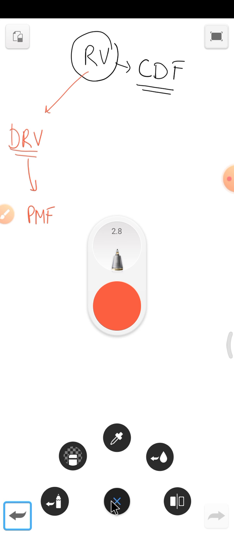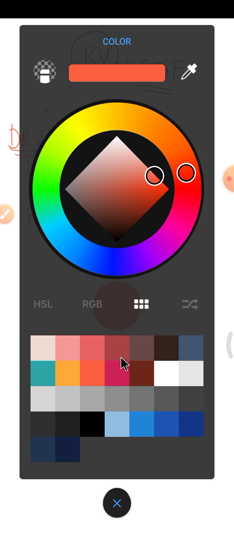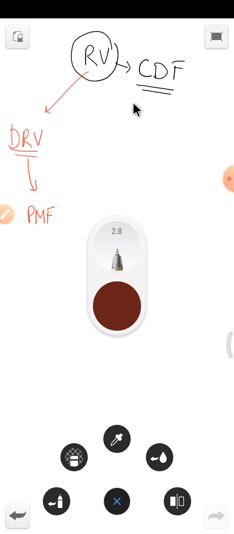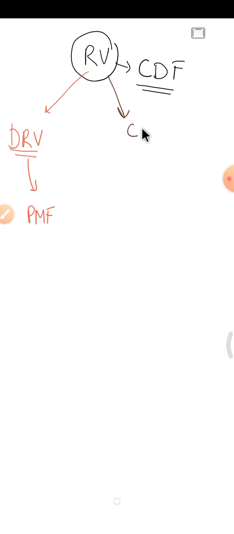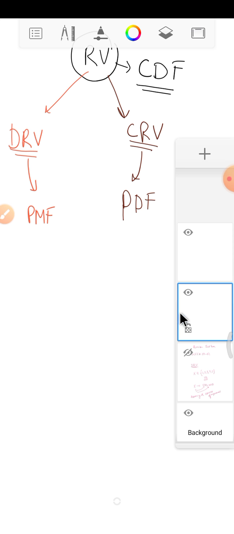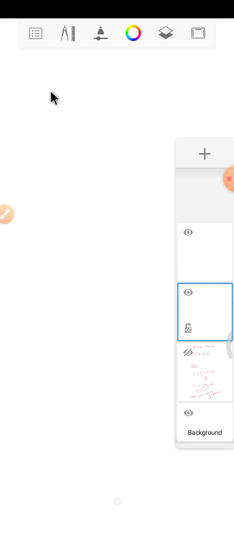On the other hand, if a random variable is continuous, for a continuous random variable we can define a PDF. PDF means probability density function. So let's start with the question. Here PMF is defined for a discrete random variable.